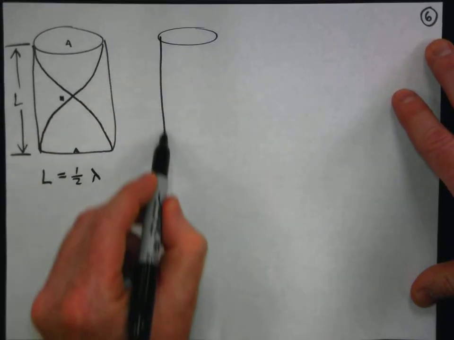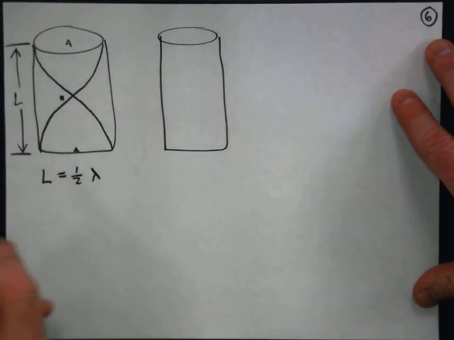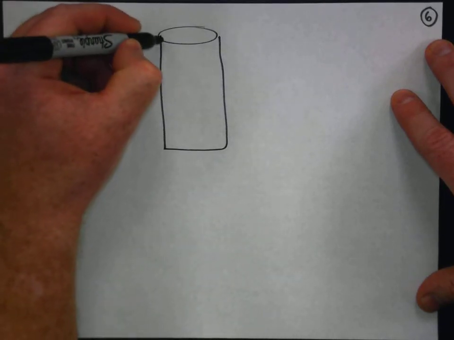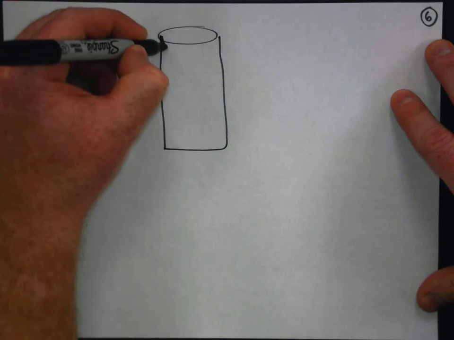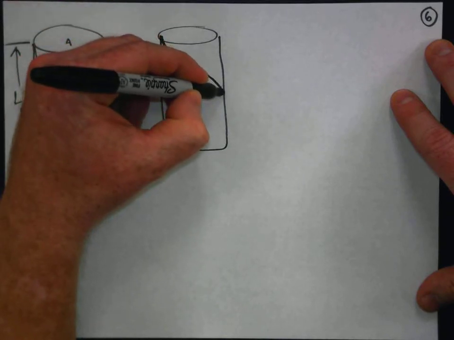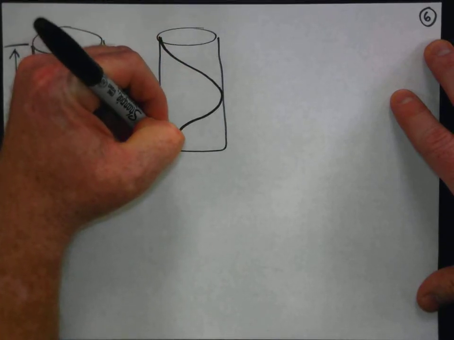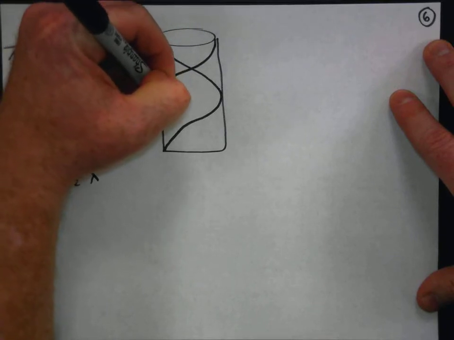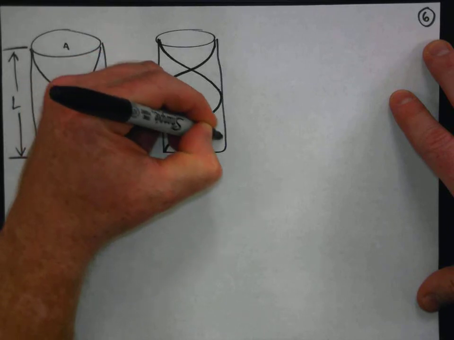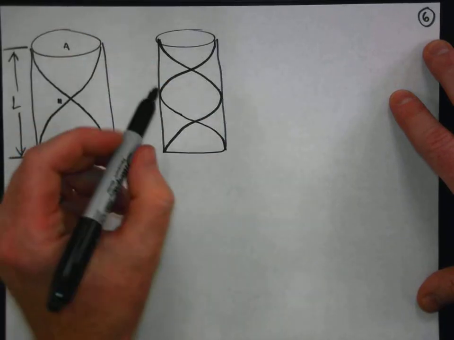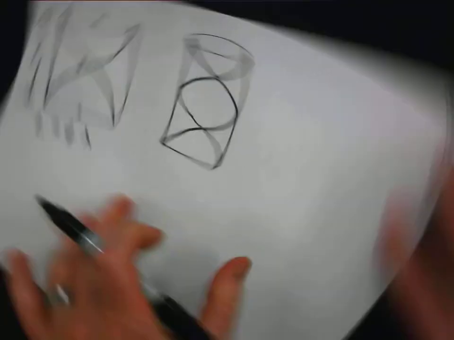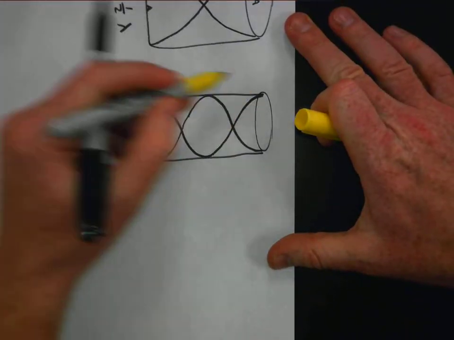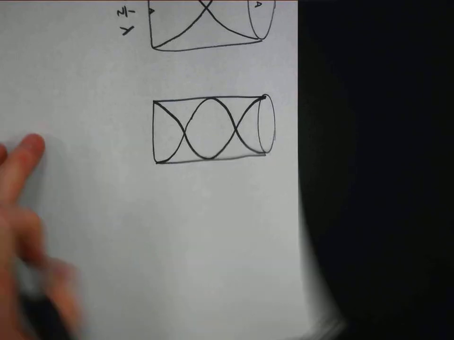What's the next possibility? If it's open at both ends, I need an antinode at each end, and for that length it looks like I've completed one full wavelength.